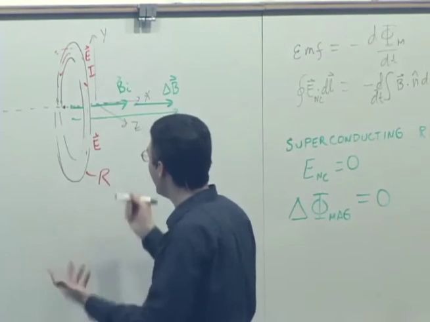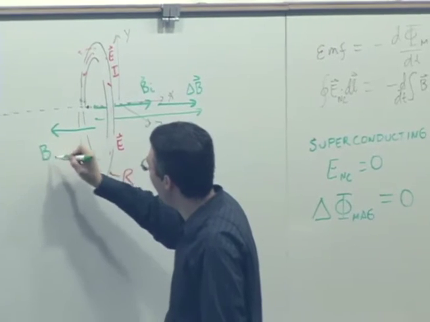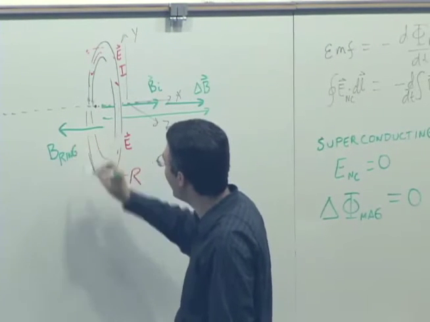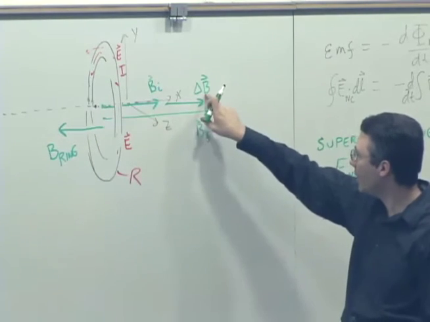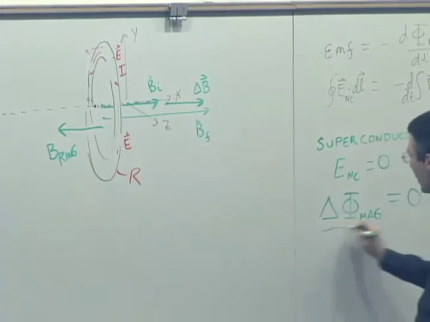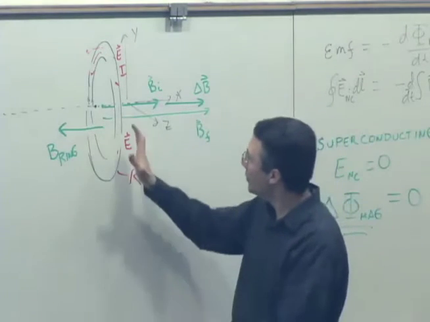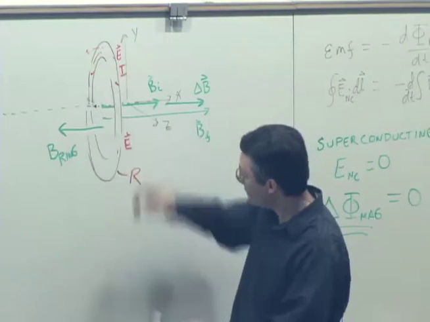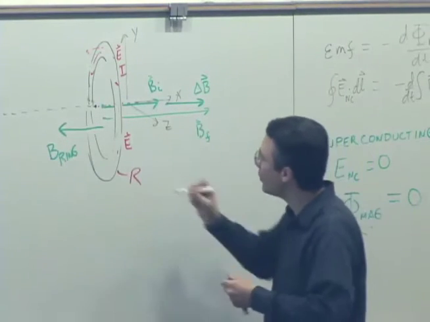We have to have a change in flux that is zero, so we have to have a magnetic field due to the ring in that direction such that when I add up the flux due to this plus the change in flux here, we get zero. So there is no change in flux. And the only way to produce that magnetic field is to have a conventional current flowing around in the direction that we just drew.